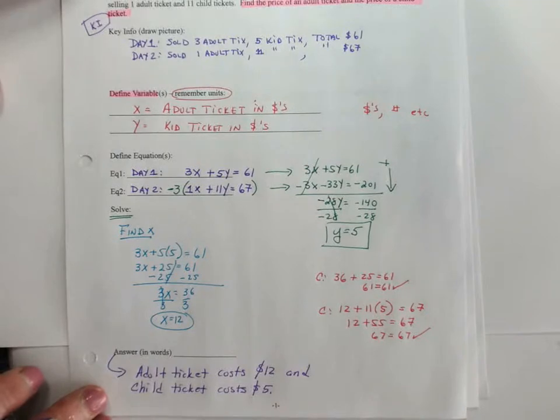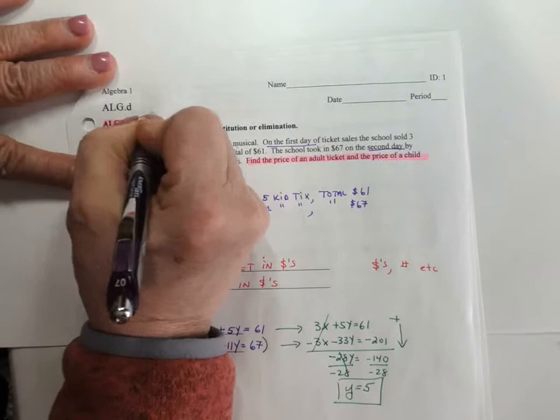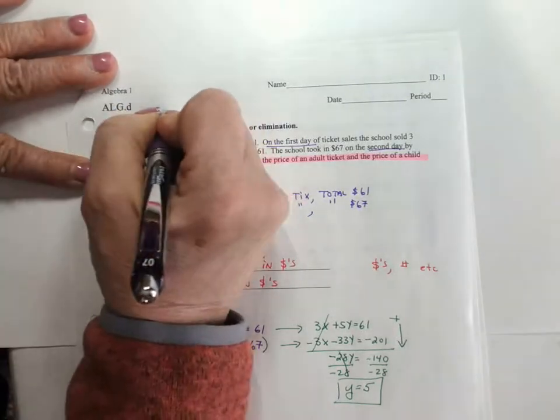So the word problem, and I forgot to mention this at the beginning, this is level 4. This is the exceeds.